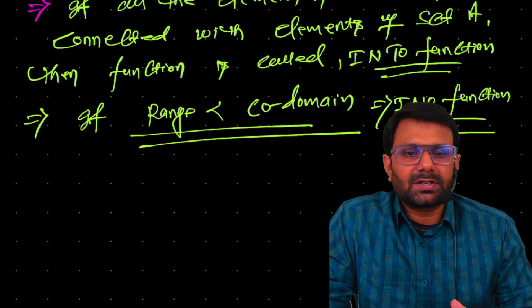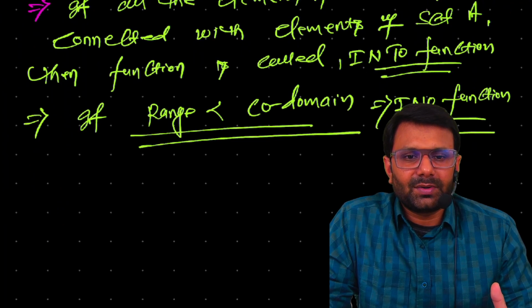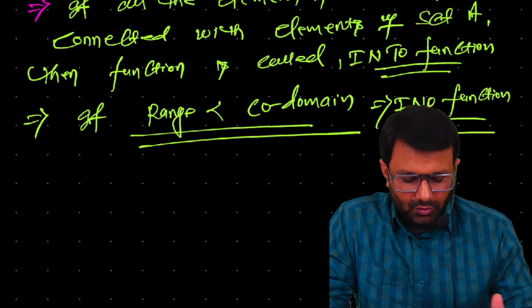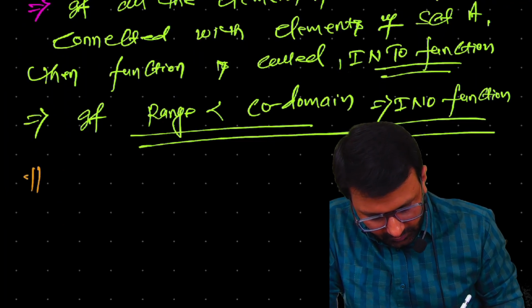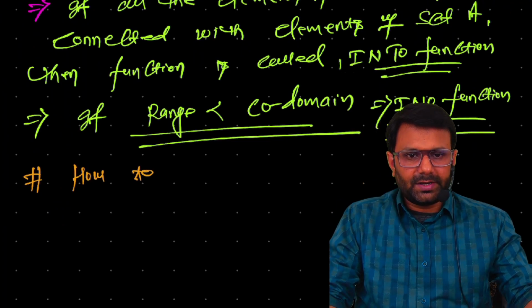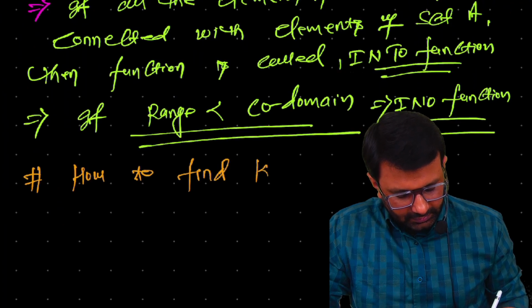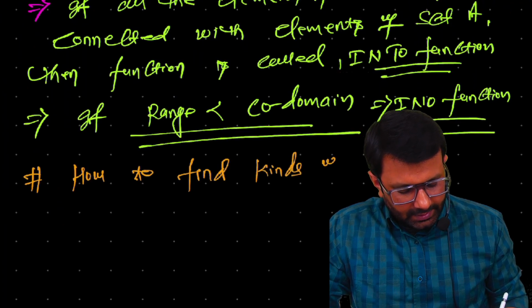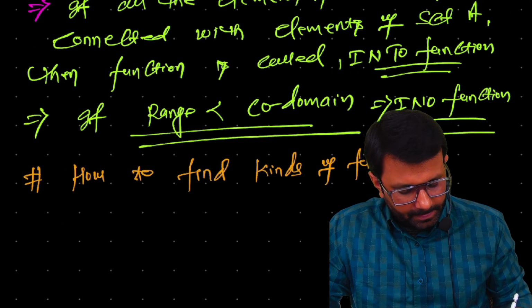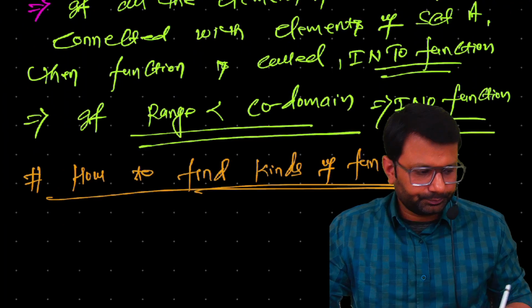Till now I have discussed only the theory part, and this theory part is not so useful, but you have to know the definitions also. So my main topic is how to find kinds of a function.